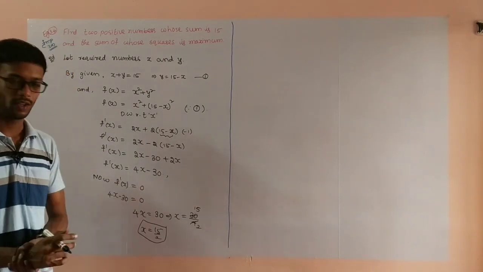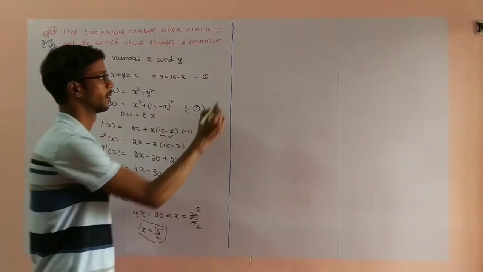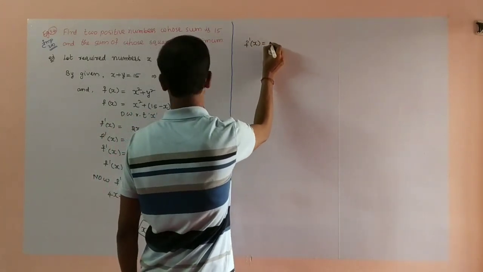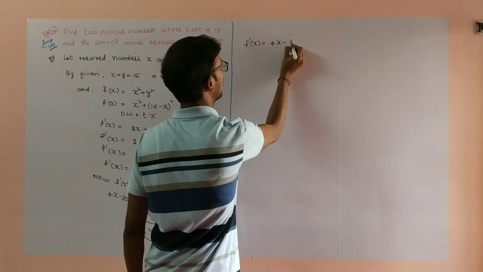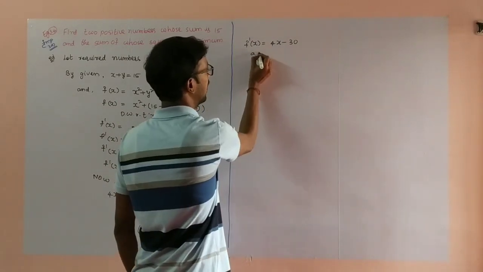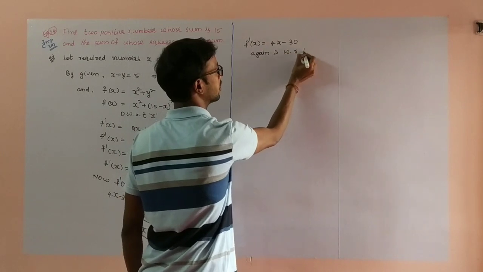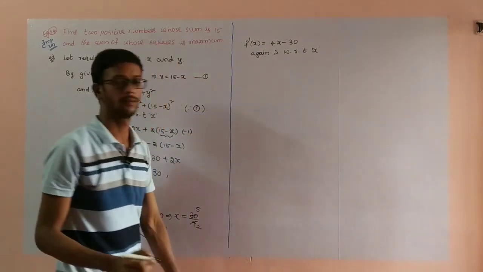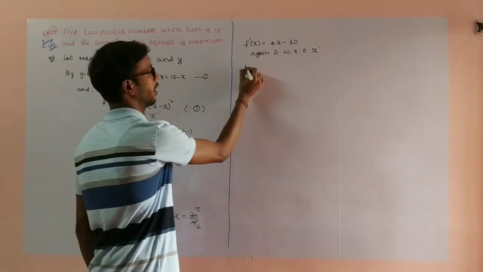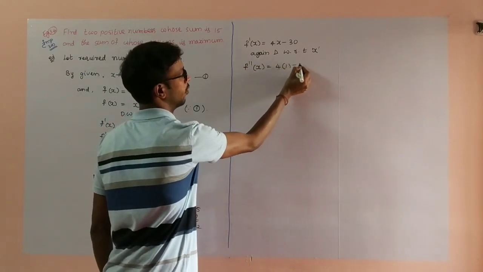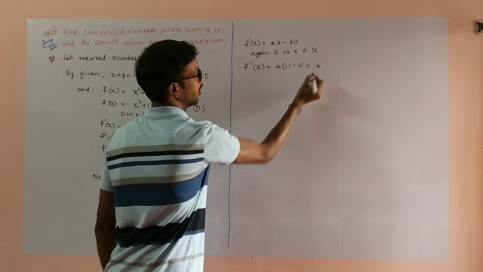So we have to take the double derivative for this. f dash of x is equal to 4x minus 30. Again differentiating with respect to x, f double dash of x equal to 4 into 1 minus 0, that is equal to 4.